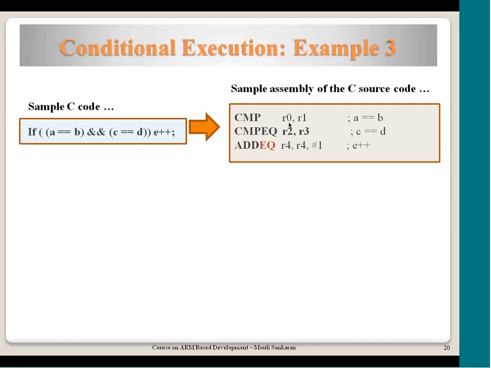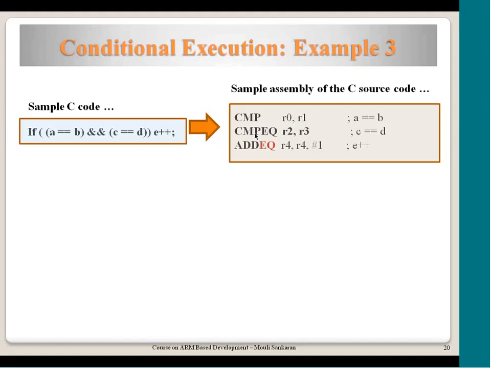See here, compare R0 with R1. It is very obvious that R0 and R1 correspond to A and B. Now you see the compare instruction. It is supposed to affect the CPSR, so based on the outcome, it will impact the CPSR. If they are the same, the zero flag would have been set. Now it will come here.